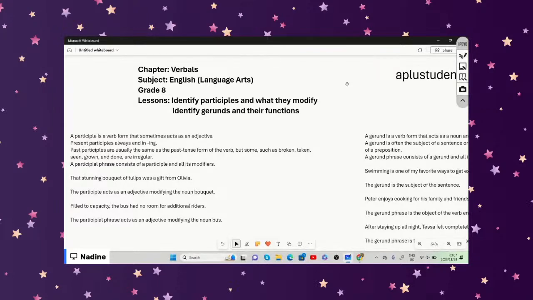That is going to be our lessons that we're going to be focusing on today under our chapter verbals, grade 8, English language arts. And we are doing our tutorial lesson on aplusstudents.ca.